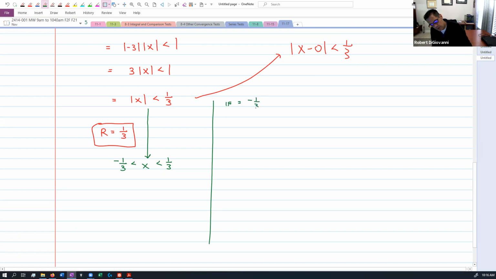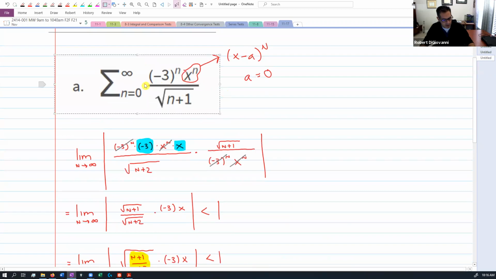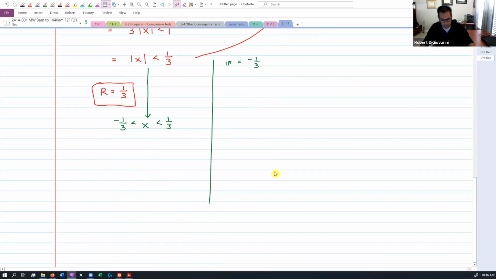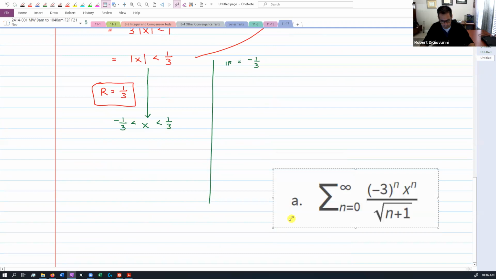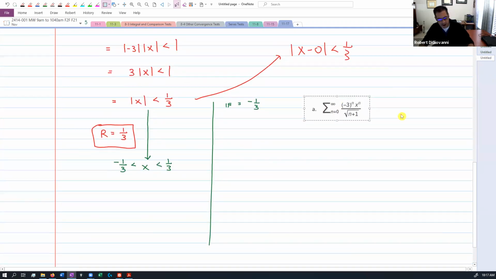If x is -1/3, let me go into the original series right here. Put it right there so I can see it. I'm going to replace x with -1/3. So I have -3 to the n, then -1/3 to the n over square root of n plus 1.